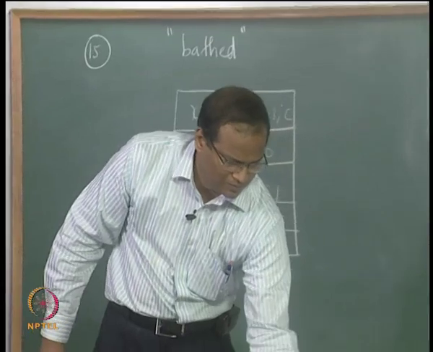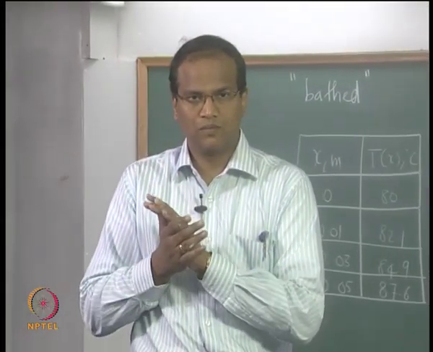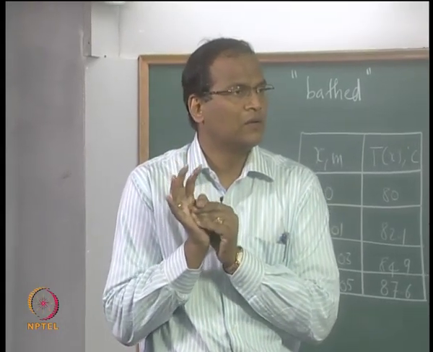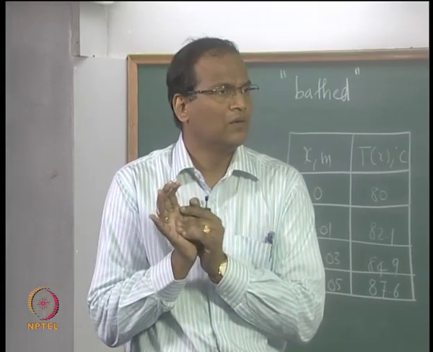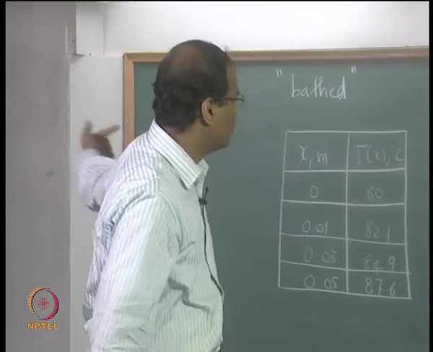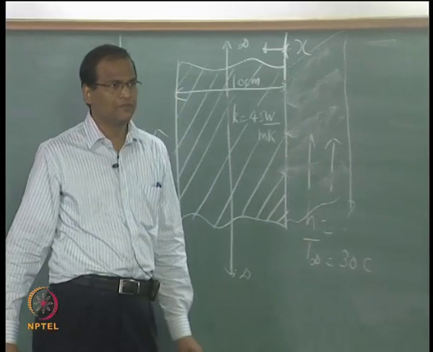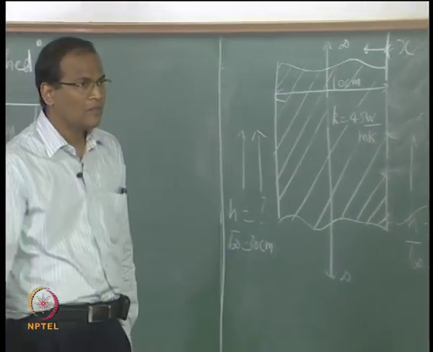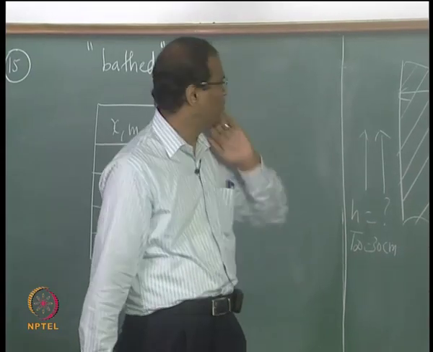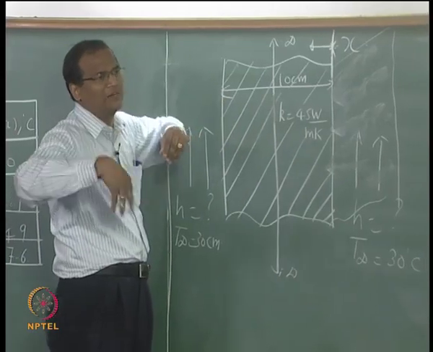Just think about this problem. No, the temperature distribution is like this. Cross sectional area is like this, right? No, but this. No, that infinity is basically in order to make it tractable I am giving 1 meter square.